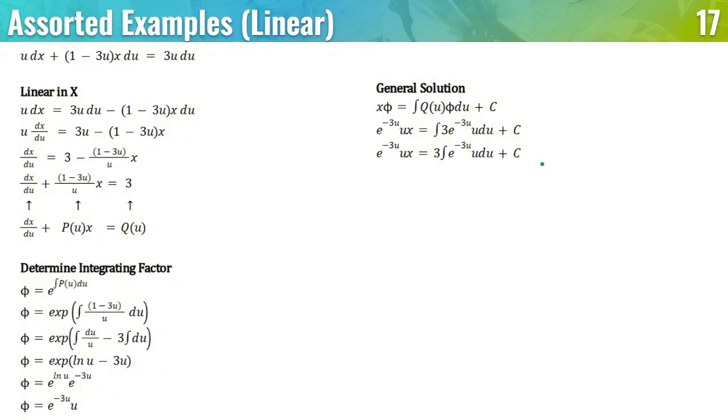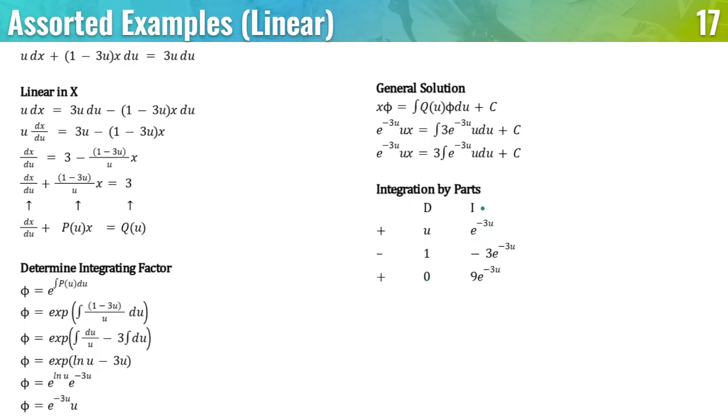From here, we have exponential and algebraic. By LIATE, this will be our D, and then our I will be e raised to negative 3u. Perform the integration by parts. First we do the differentials, so we know if it will reach 0.